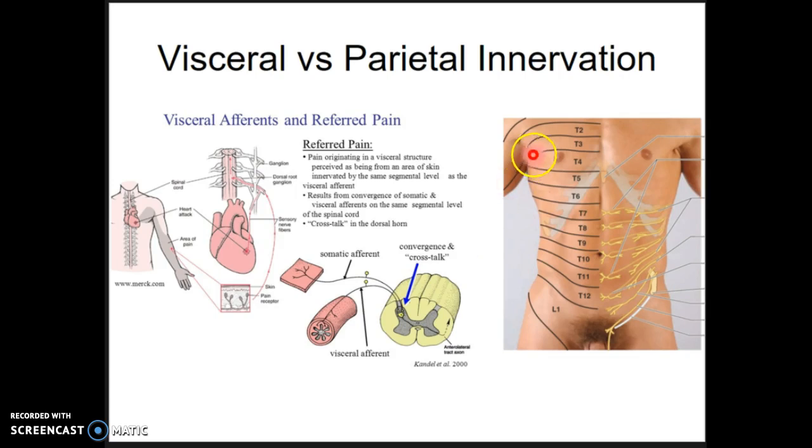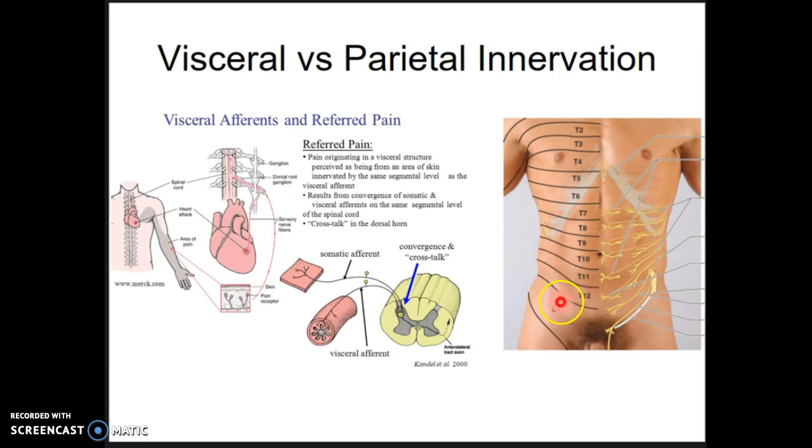You have what we're going to later learn are called dermatomes, areas of skin, your body wall, your parietal innervation, that are very highly organized, especially over your trunk. And deep to those structures, you have your viscera. And those nerves from your viscera are not going to be in the exact same territories as your dermatomes.